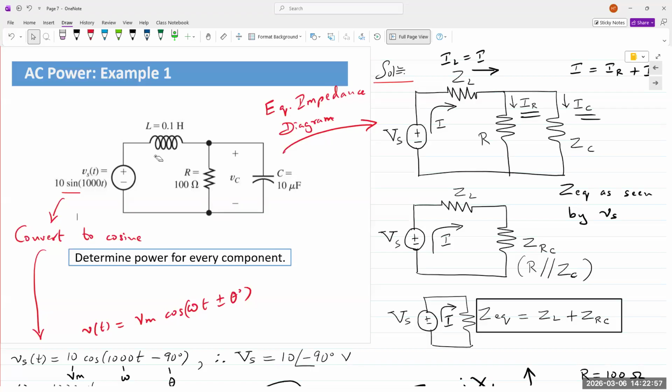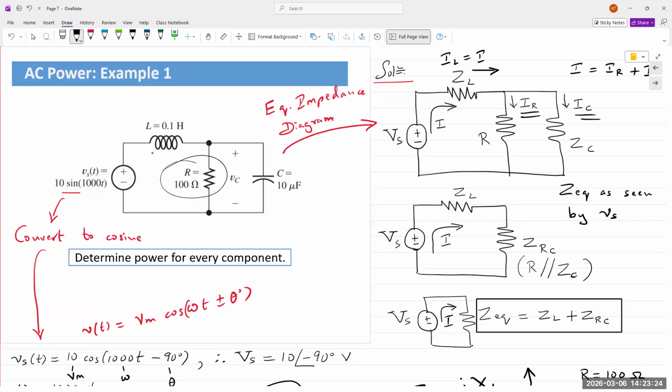First, if you want to solve this, we need to have either the voltage or the current. Let's say we just take the resistor. If you want to find the power for a resistor, we need either the voltage or the current. If we have the voltage across the resistor, we can do V squared over R. If we have the current through the resistor, we can do I squared times R and determine the power that way.